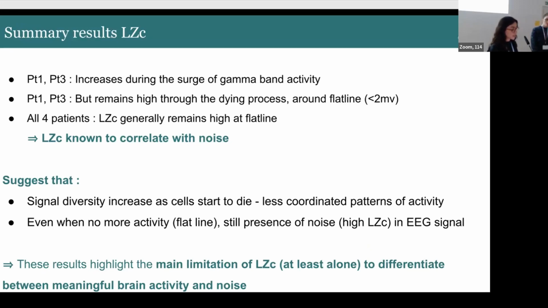Also, as the cells begin to die, it's perhaps expected that we would have a reduction in coordinated activity between regions. So basically the brain is shutting down, so there is less meaningful signal, and so also much noise. Overall, our findings highlight the non-specificity of Lempel-Ziv, but we still cannot rule out that this high Lempel-Ziv is indicative of experience.